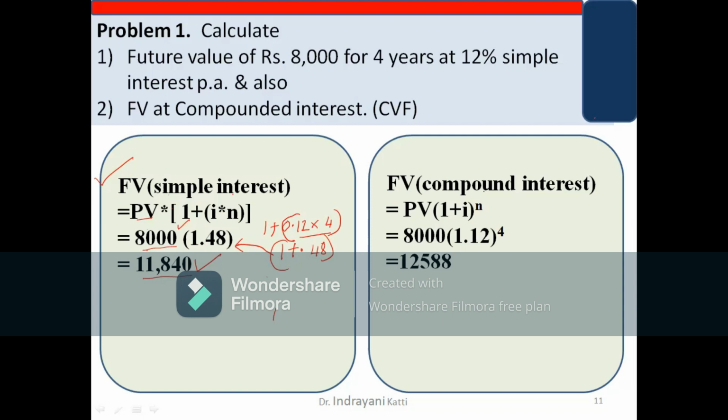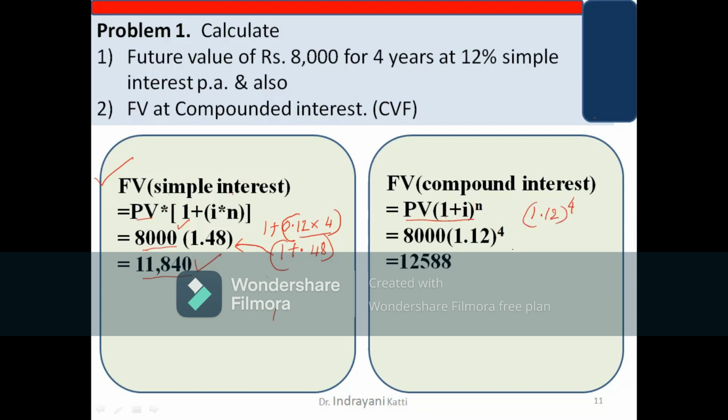Coming to the future value using compounded interest. Here the compounded interest formula is a little bit changed. That is PV multiplied by (1 plus i) raised to n. What is i? Here 0.12, raised to n. n is 4 years.